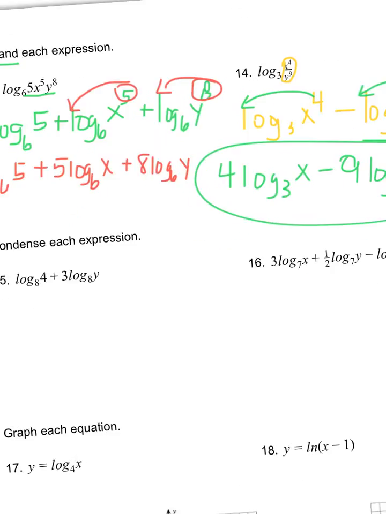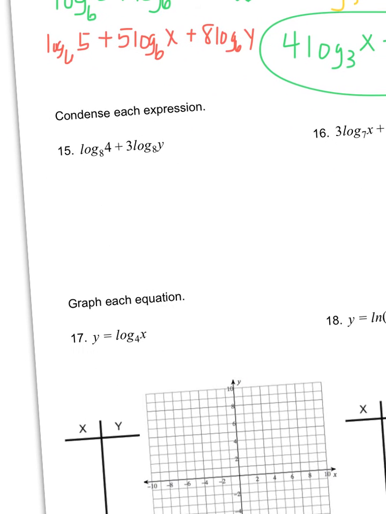Okay. Number 15, log base 8 of 4 plus 3 log base 8 of y. Since they're the same base, we can combine these. We can condense them into one logarithm expression. So since it's addition in between, we can combine them using multiplication. But first, I need to take care of any coefficients, which there is one, on the second term and move that to the exponent.